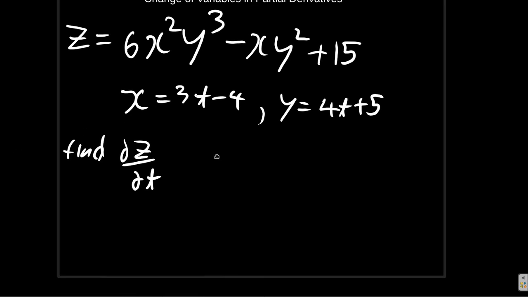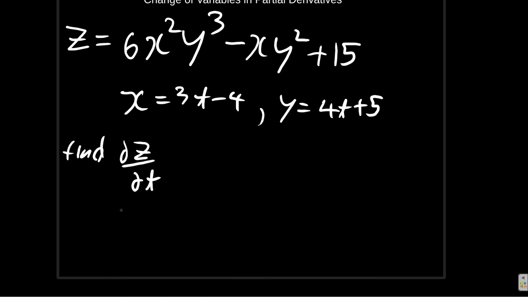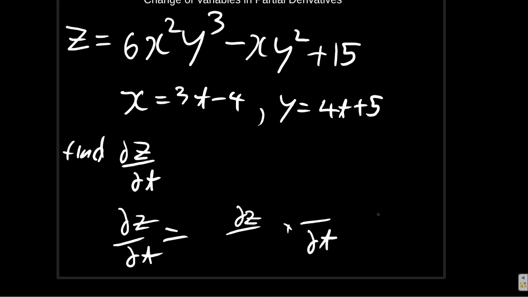Now, one way to remember what to do here. You have delta z by delta t equal, you remember that there was some type of delta z by delta something times, so delta z is up top, delta t is down the bottom here, plus here delta z is up top, delta something times delta t is down the bottom.